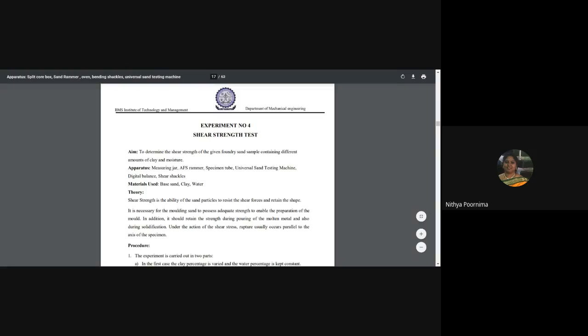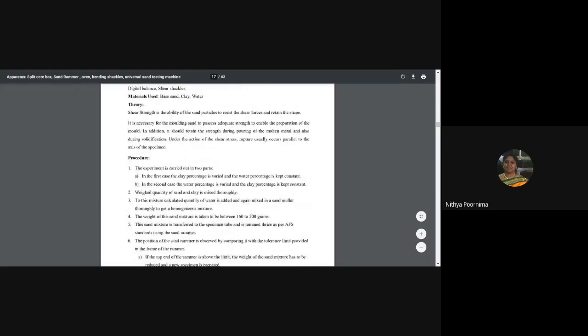The apparatus are measuring jar, AFS rammer, specimen tube, universal sand testing machine, digital balance, and the shear shackles. The materials used will be base sand, clay, and water. Shear strength is how much the sand particles can resist the shear force and retain their shape. That's the property of shear strength.